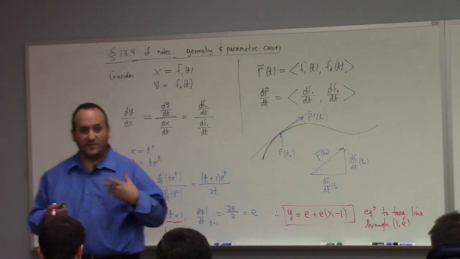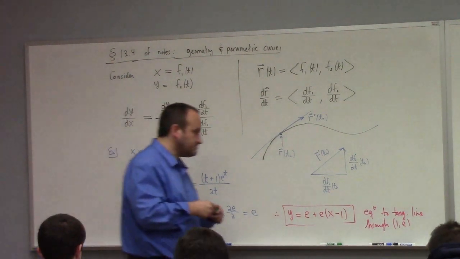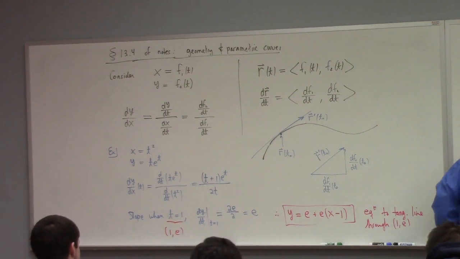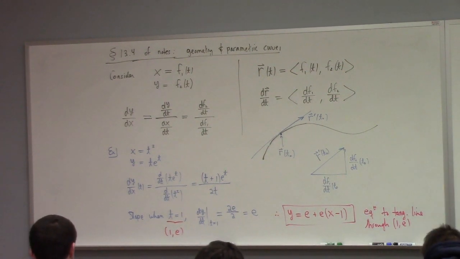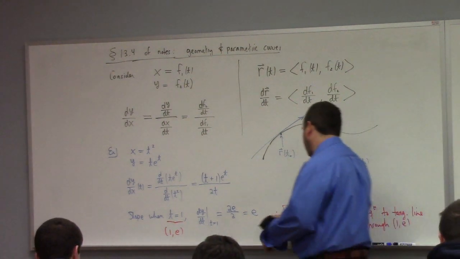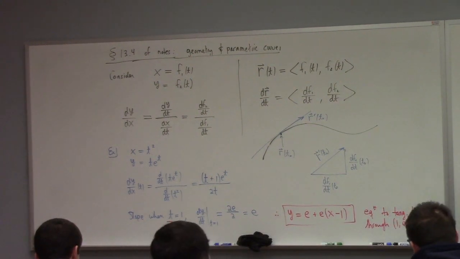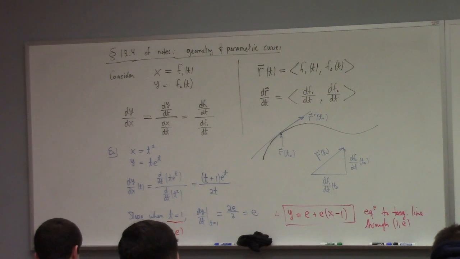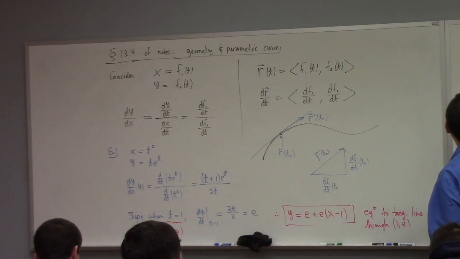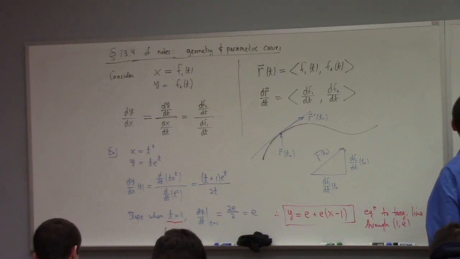What if I wanted a parametrization for the tangent line? Well, the tangent line at t naught, we could parameterize by this.